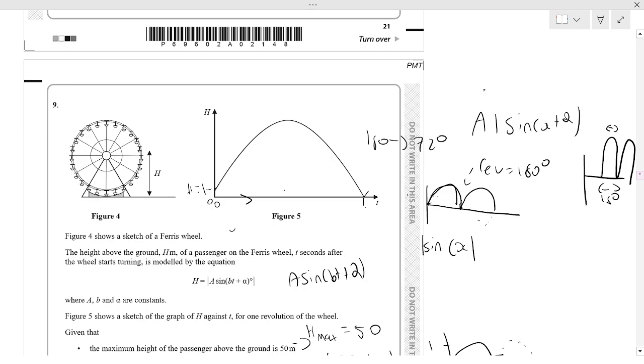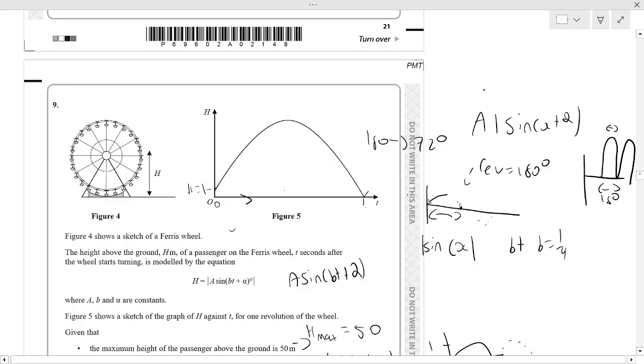The only thing that affects the hill distance of each curve is our b value, because bt is telling you how much you're stretching the x coordinates. So if we have b as a quarter, you're actually dividing by a quarter, so you times the x coordinates by 4. So actually you'd stretch it like that, which is what's going on here. 180 is turning into 720.